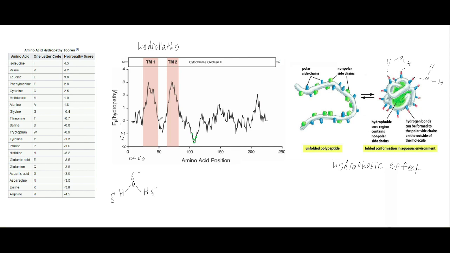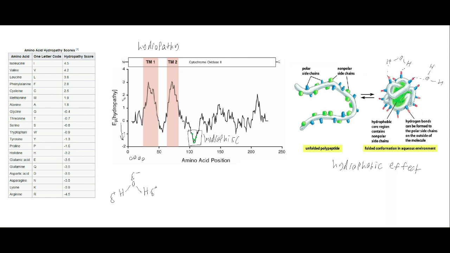So if this is looking at the energy of associating with the aqueous environment, then amino acids down here are going to be hydrophilic, because they have that favorable association with water.